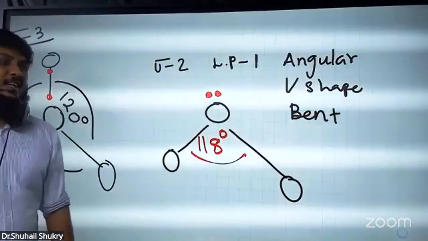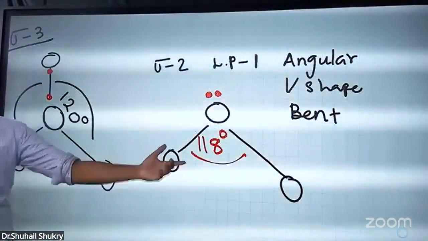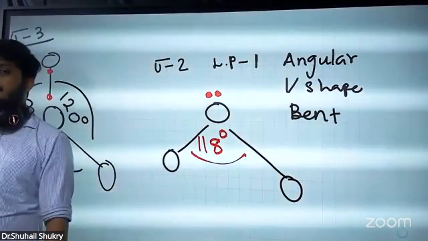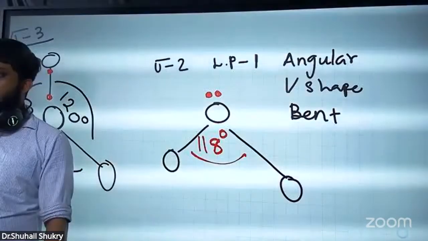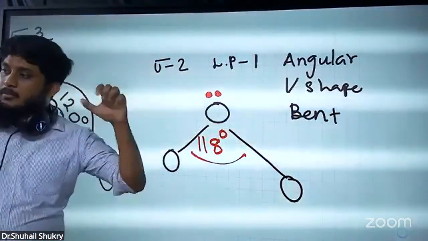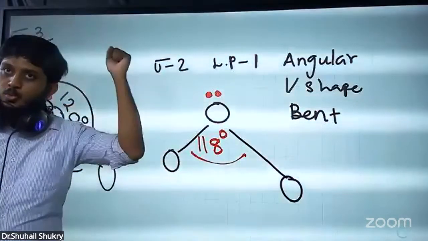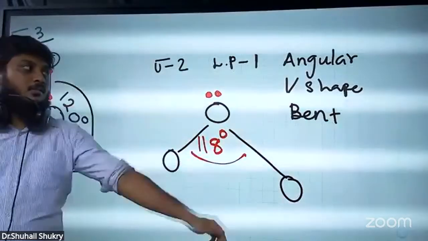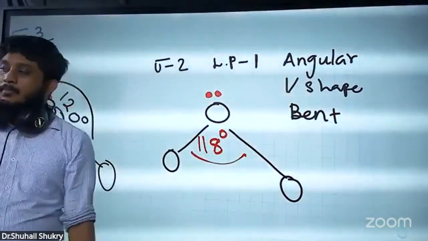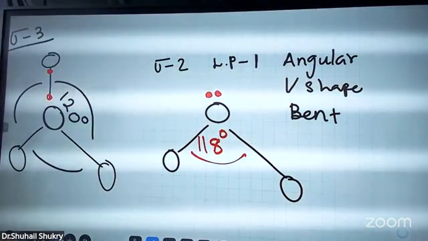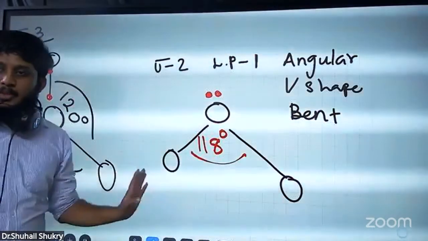They give 3 names for this: angular, V shape or bent shape. Anything is correct. Easy, no? So we are not going to learn this by heart. From trigonal planar, when we remove one, then sigma 2 and lone pair 1 means the shape is angular. Clear? Good. Now we'll go for sigma 4. Can we remove further? Can't. We are not going to remove further.